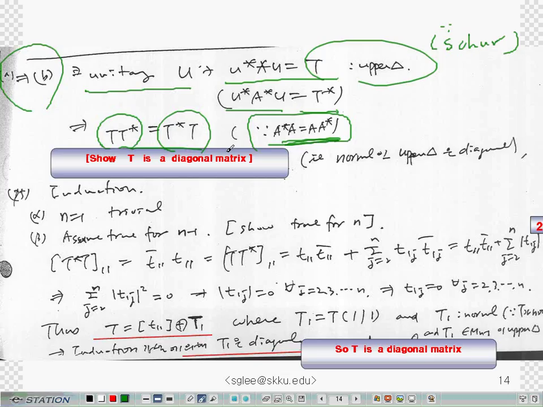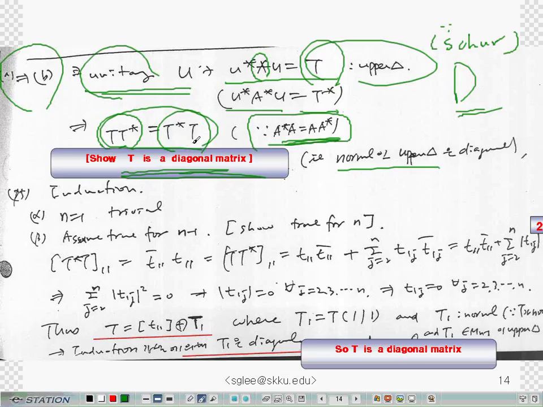Now all we have to show is that this upper triangular matrix T is a diagonal matrix. Then we have shown that the matrix A is unitarily diagonalizable. What that means is, suppose T is a triangular matrix and it is normal, then it's always a diagonal matrix.